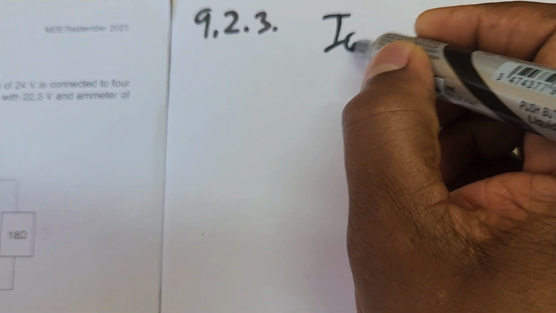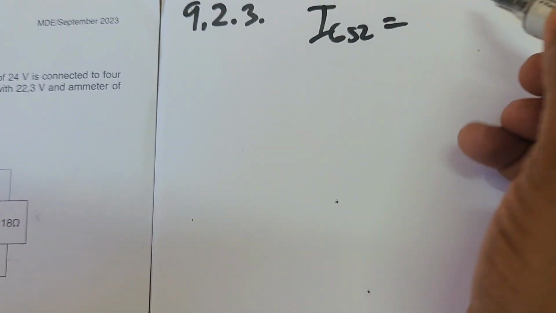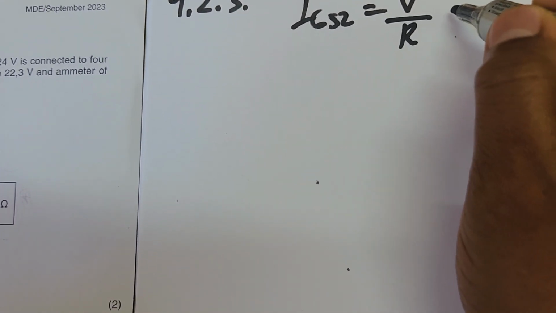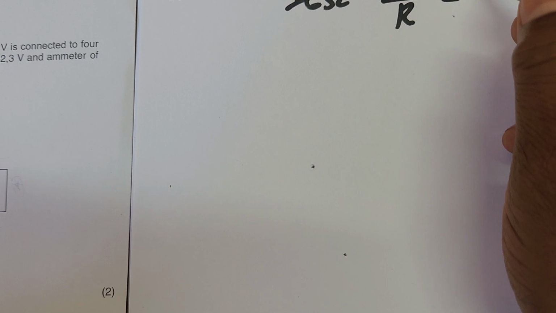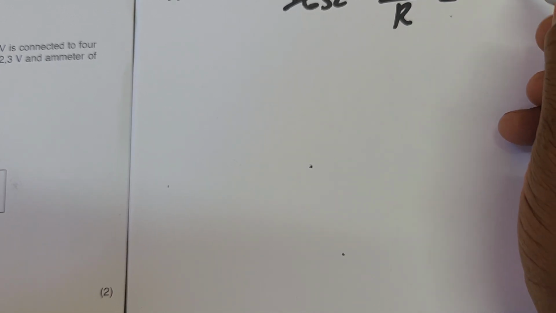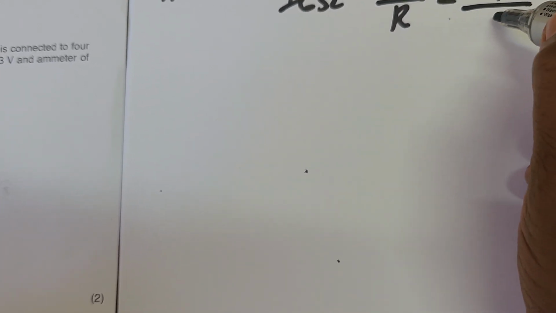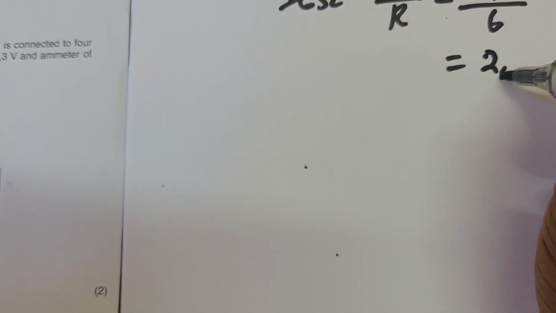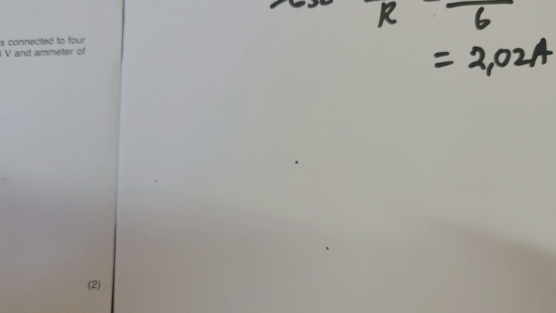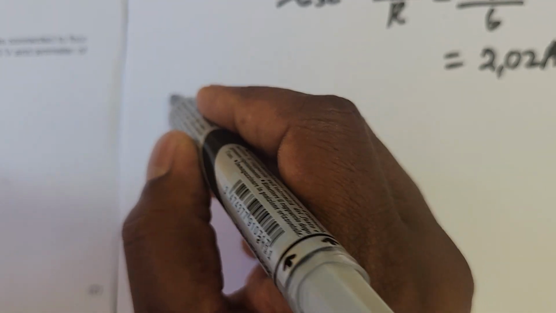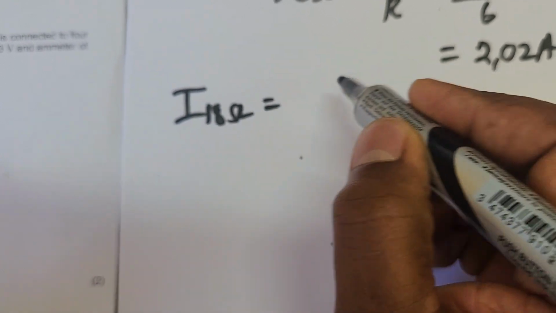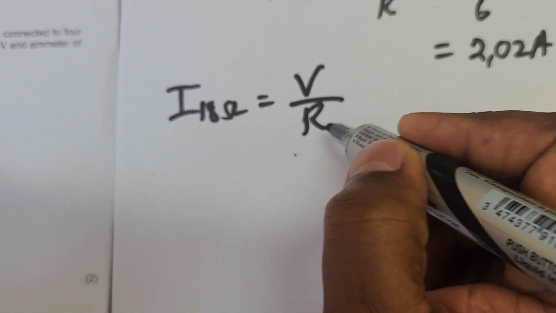The current through the 6 ohm resistor will be the voltage of the 6 ohm divided by the 6 ohm itself. The voltage is the same, will be 12.1 divided by 6, which gives us 2.02 amperes.